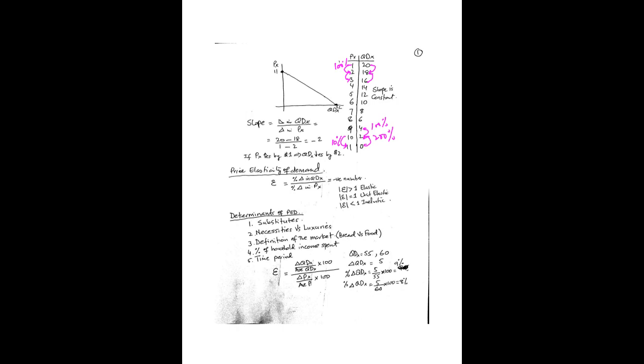Okay. Once you know this, let me show you here. So this is the diagram. And in this diagram, first you should know the formula. So I'm writing the formula and I'll explain one thing and then everything will be easy. So I'm writing here percentage change in QDX divided by percentage change in PX. This is the formula. Okay. Now, if you are in this range, prices are higher and quantities are lower.